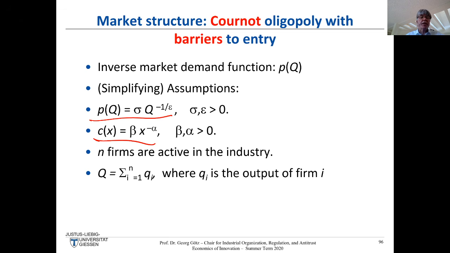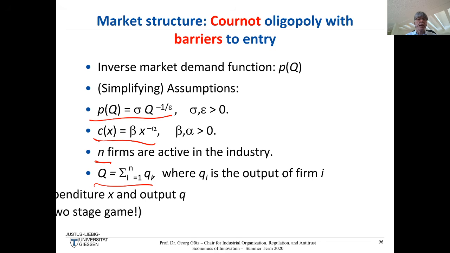N firms are active. That's just our assumption that we have a given number of firms and barriers to entry. In the second step, we will endogenize the number of firms, but for the moment, we assume that there are barriers to entry. And of course, as always in Cournot, aggregate output is just the sum of the individual outputs Qi over all firms i.